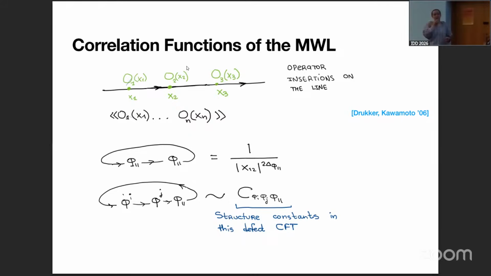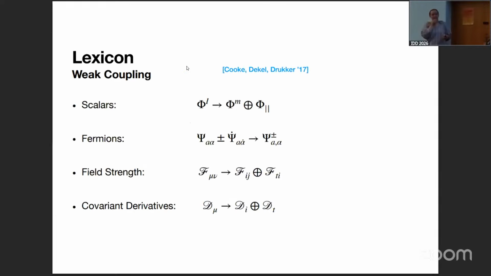We have a 2-point function of phi parallel, which will have this law. And then, of course, we were working with the scalar dimension of this phi parallel field insertion. And of course, the same gets generalized to 3-point functions or structure constants. So we can have such insertions, and then they will have some corresponding structure constant in the defect CFT.